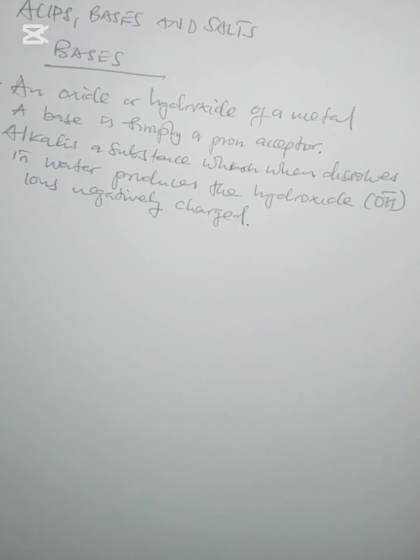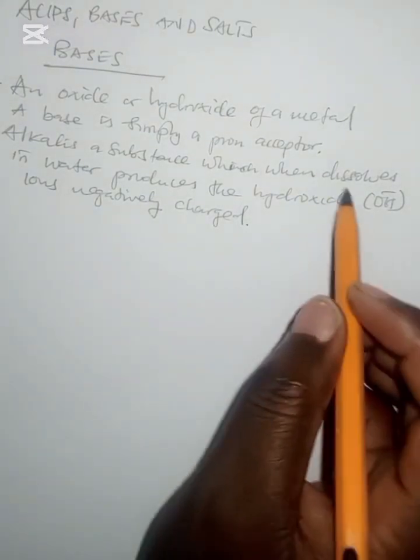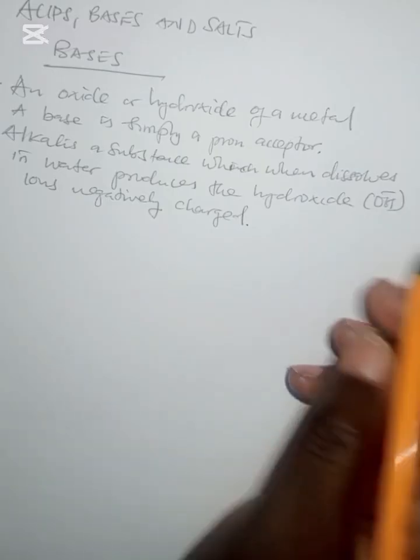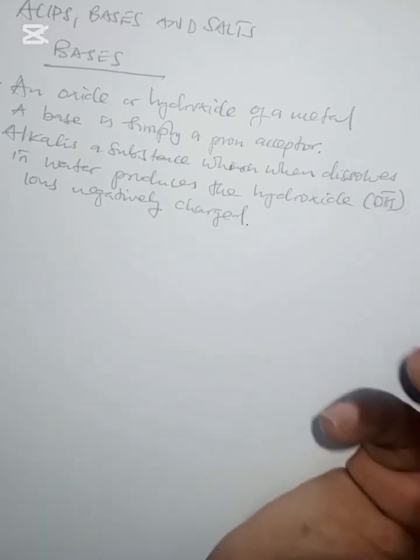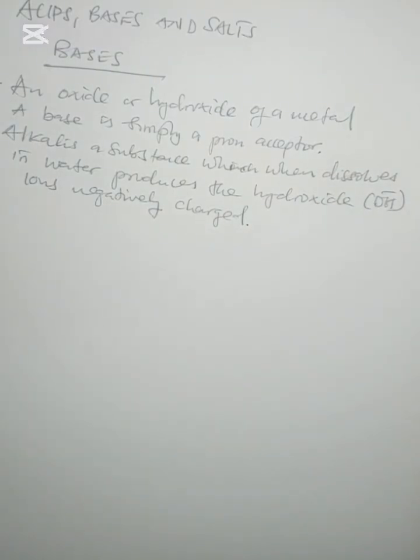So that is what an alkali is. An alkali is simply a substance which, when dissolved in water, produces the hydroxide ions which are negatively charged.